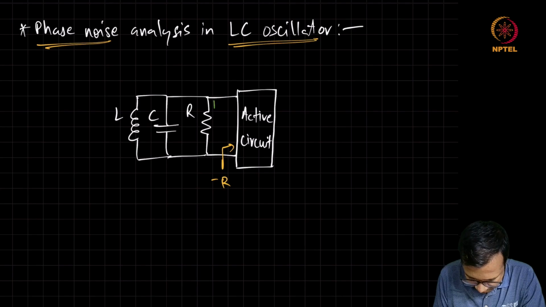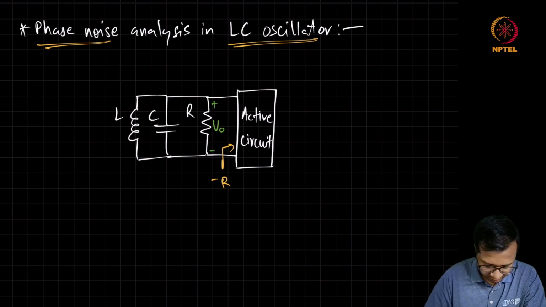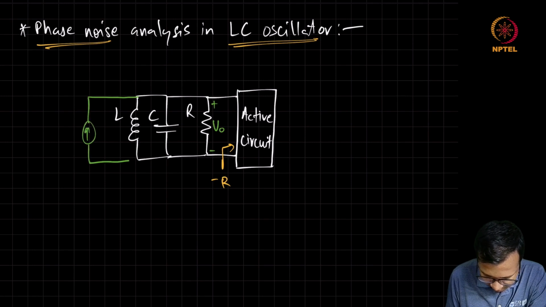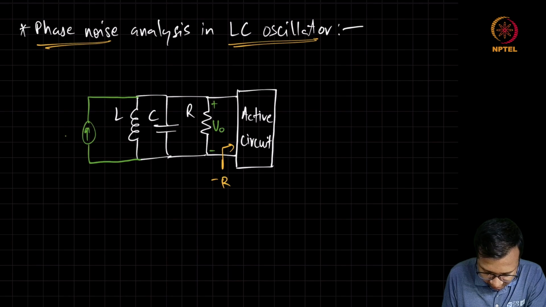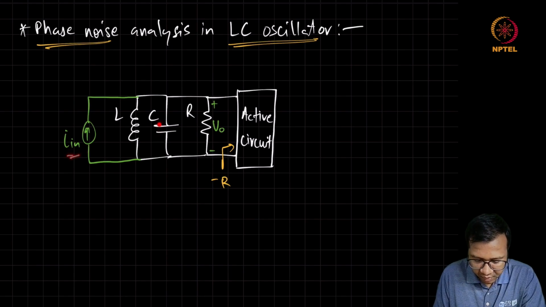And we take this voltage as the output. In addition to this, to understand the characteristics of this LC oscillator, we had connected a current source, and this current source can provide an impulse current which will add some initial charge to this capacitor.